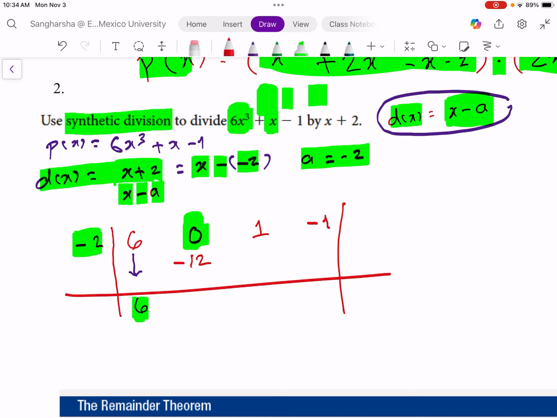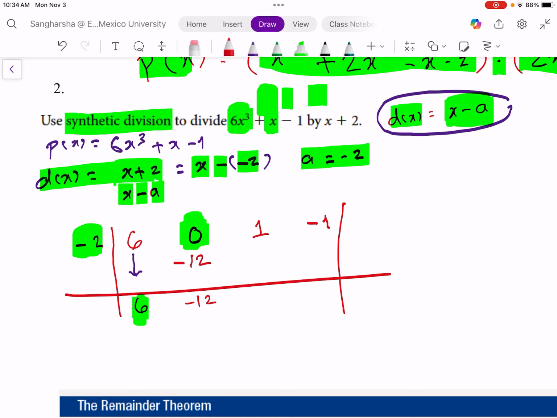Now in synthetic division we are not changing sign, we simplify. 0 minus 12 is -12. So no flipping sign in synthetic division.